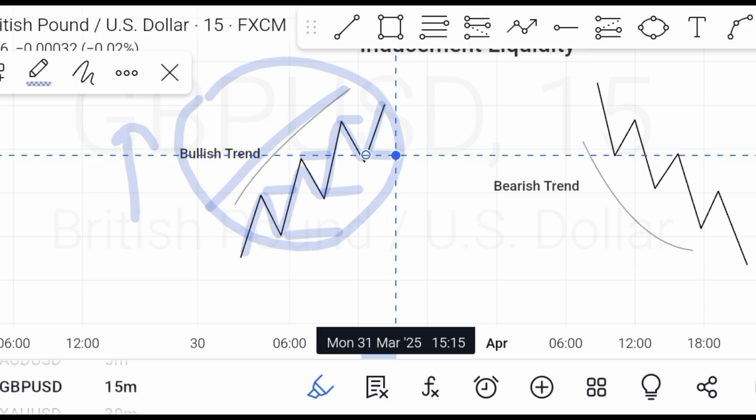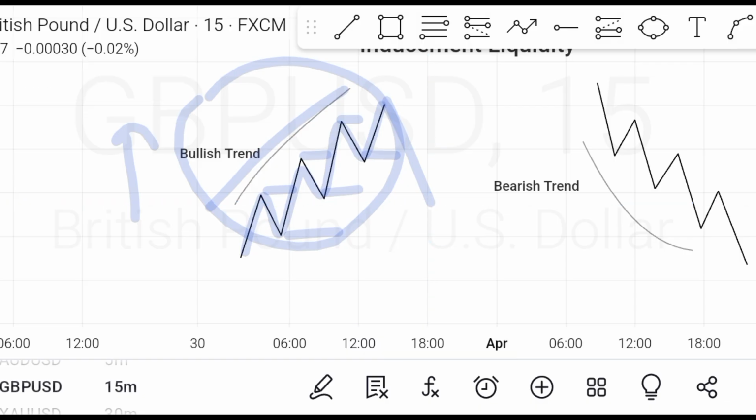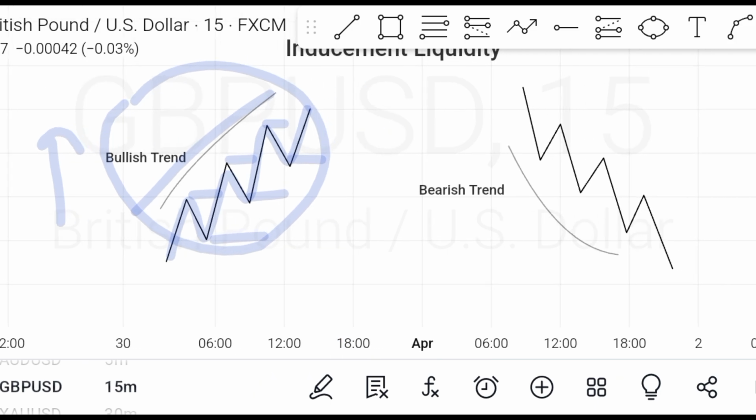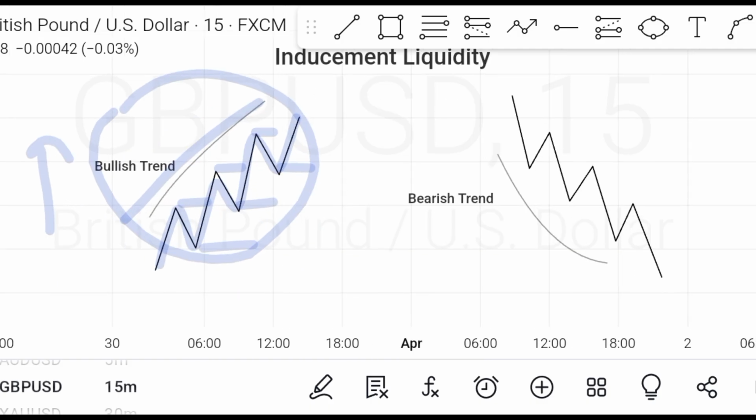Guys, when we see these lows being taken out, that means the market trend is changing. Very simple, very basic. But what people don't really understand is that there's a lot of manipulation and traps in the market that a lot of traders don't even understand.